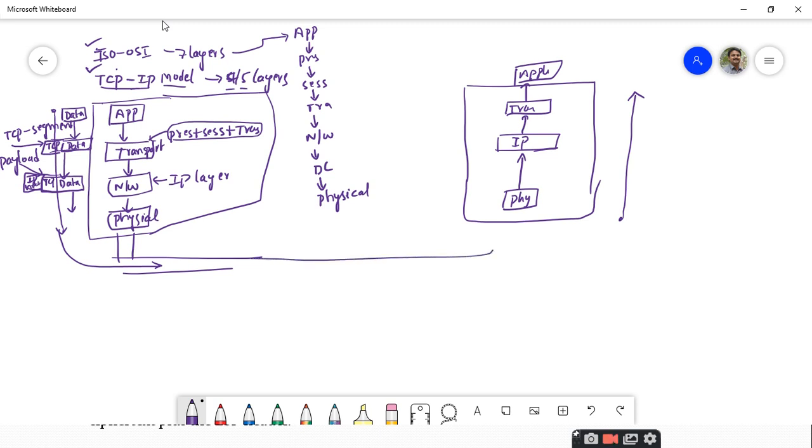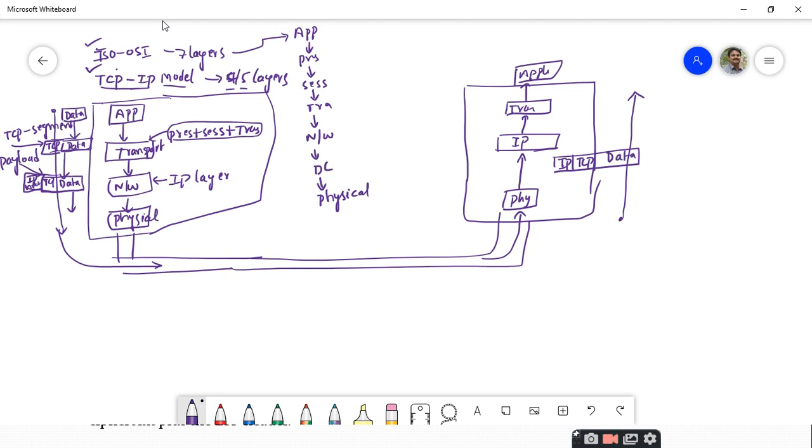Once this packet has reached the destination through the communication channel, it will be submitted to the physical layer. The physical layer will do the necessary processing, remove the physical header, and pass the remaining packet, which consists of the IP header, the TCP header and the data.